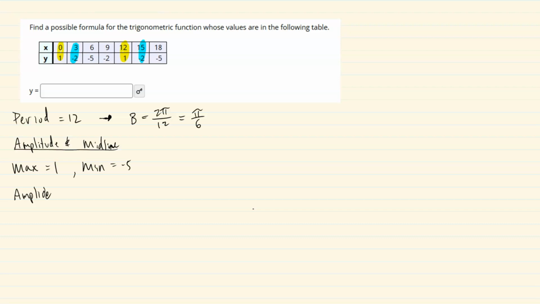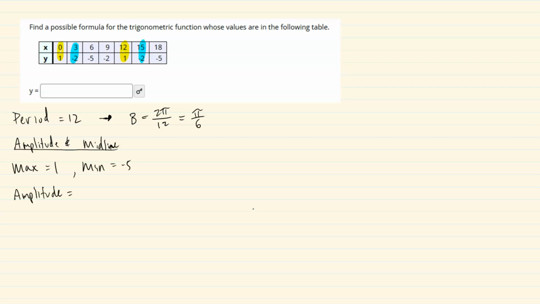The amplitude, oh wow, I spelled amplitude incorrectly there. Amplitude is equal to, well, the distance from the center to the top.